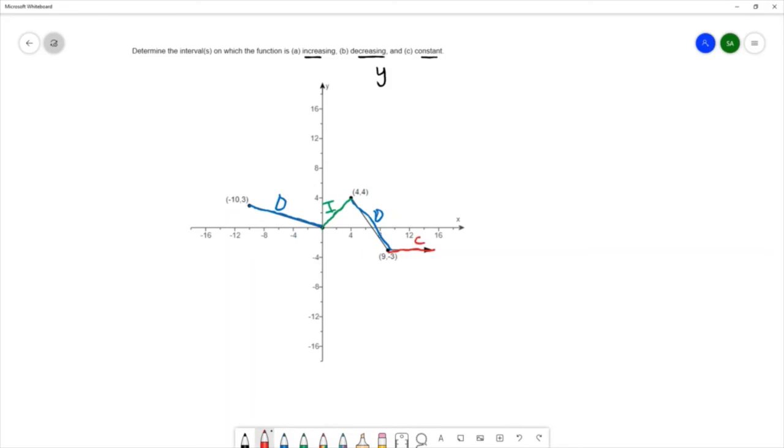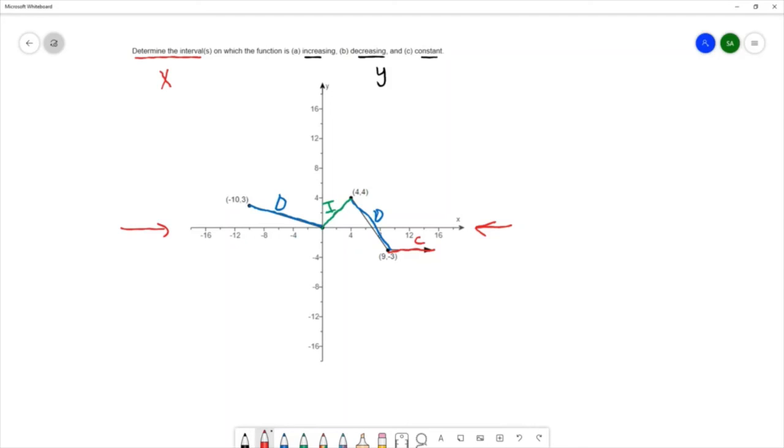Now, when we're asked to determine the intervals on which the function is increasing, decreasing, and constant, we're wanting to write down the intervals of x. We use the x-axis as our kind of map, our way to describe directions on where to look.